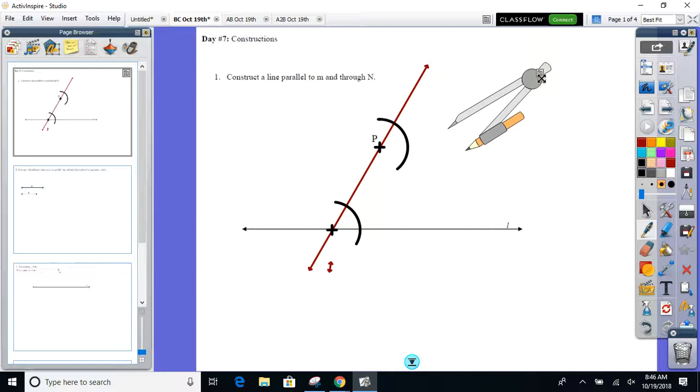So you should have two arc marks on your diagram right now. Everybody good?